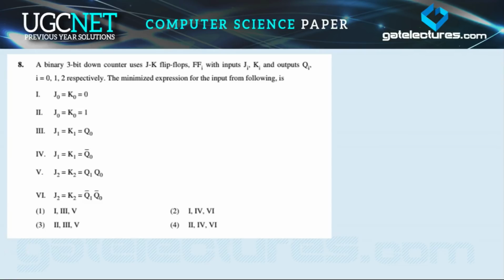A binary 3-bit down counter uses JK flip-flops with inputs Ji, Ki and the outputs Qi, and the outputs are 0, 1, 2 respectively. What is the minimized expression for the input from the following? So in the question, it is given that this is a 3-bit down counter.